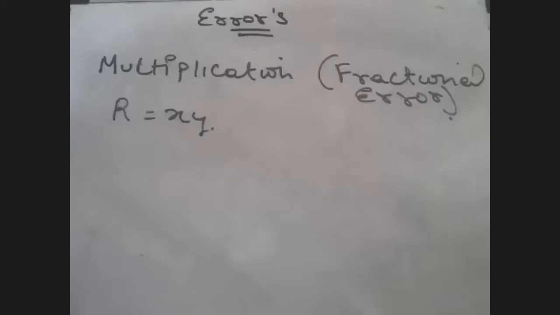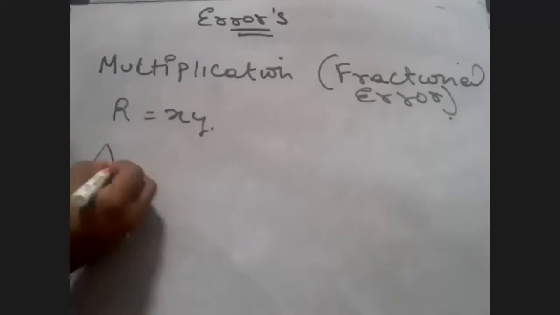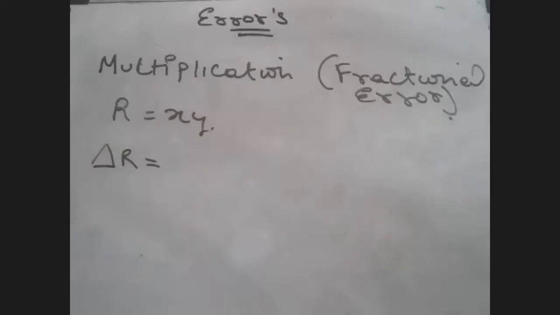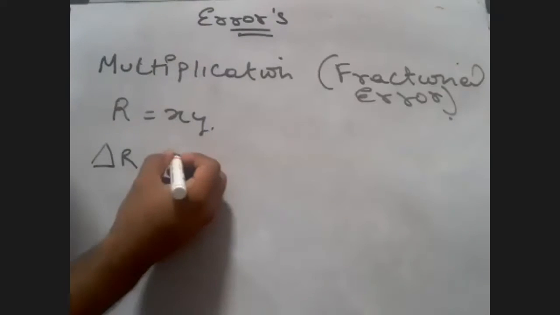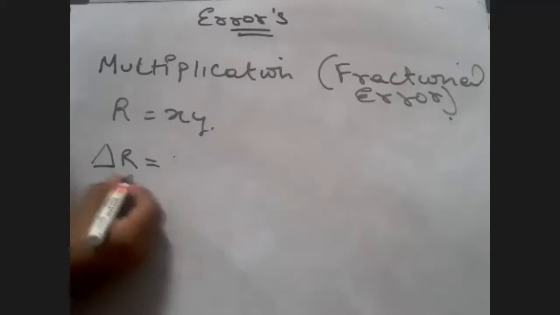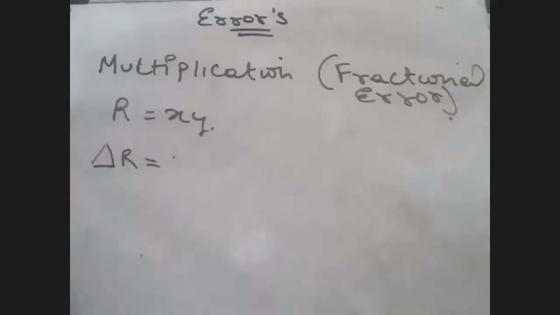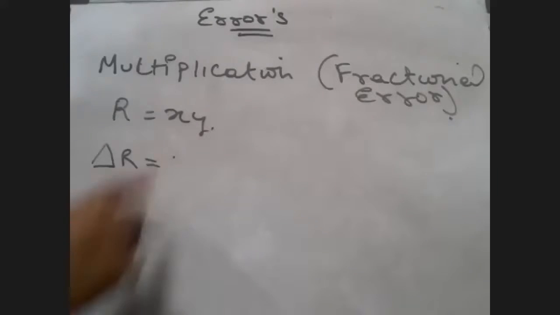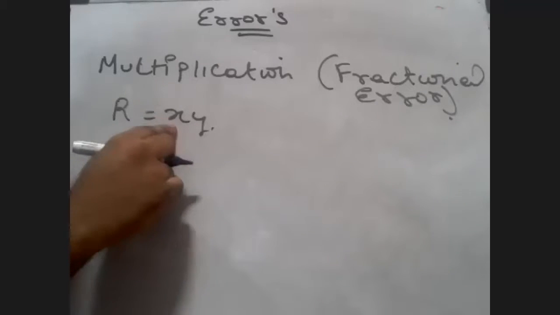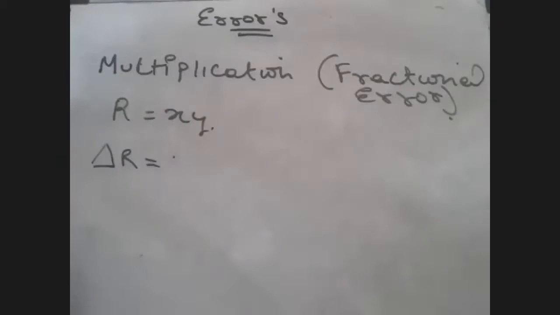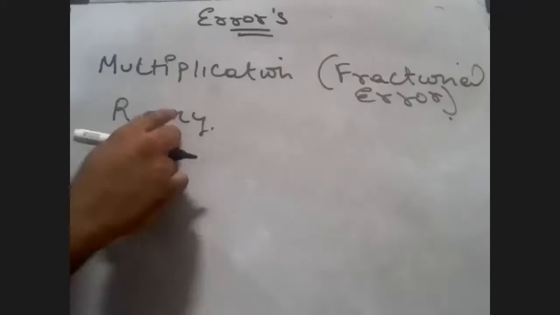So now, if I have to consider the change in result, students, this time it is not going to be the same. When you are measuring in terms of multiplication, you will measure one variable with respect to the other variable, and after that you will measure this variable with respect to this variable.